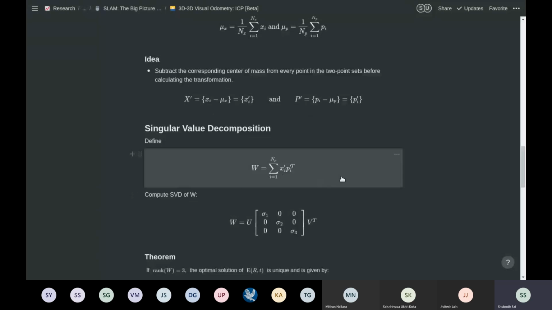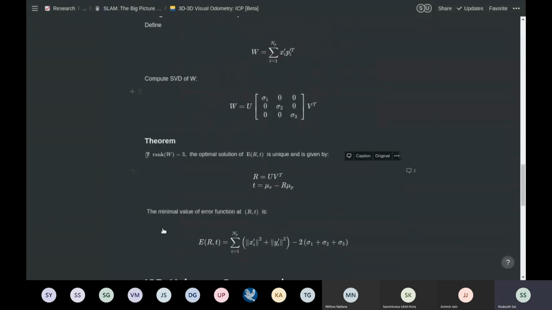Multiply that and keep adding. That is my W. You apply a singular value decomposition, and then R and T are given in closed form by this set of equations. R will be U times V transpose, and once you know R, you can find T. This is more intuitive, right? Getting T from R.